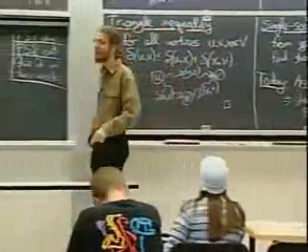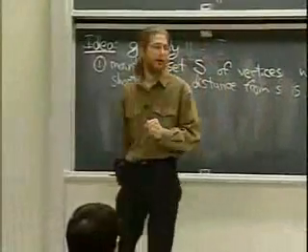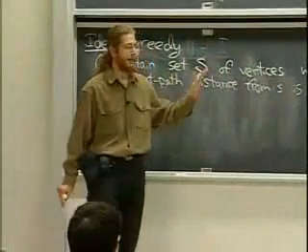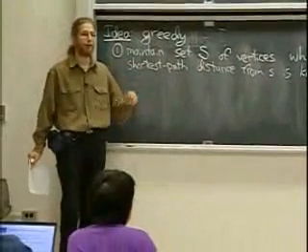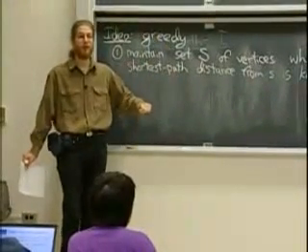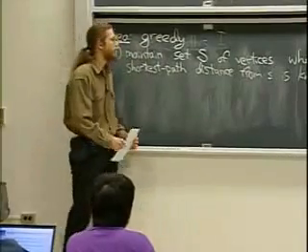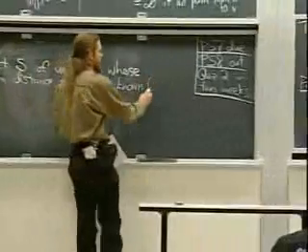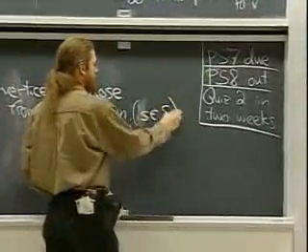If I have a negative weight cycle, maybe the distance from S to S is minus infinity. But I can't have negative weights, so there's no way I can get from S to S any faster than 0 time. There might be a longer path that still has 0 cost, but it can't be any better than 0. So in particular, I know that. Initially, S is certainly in big S.